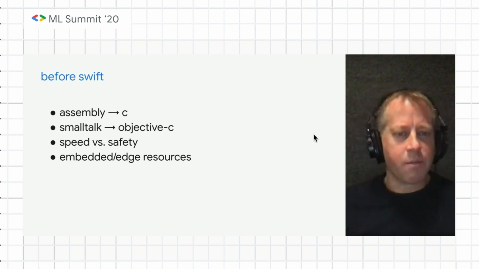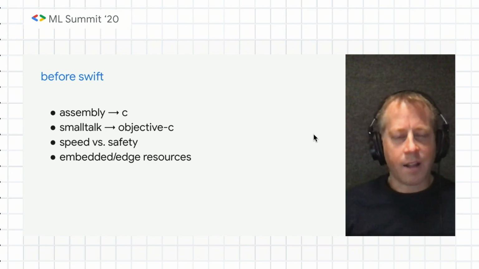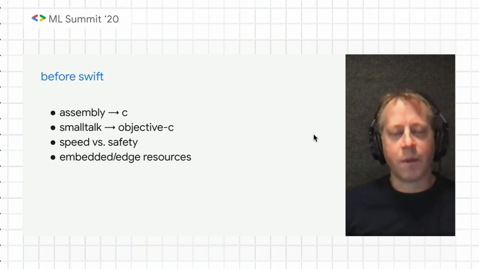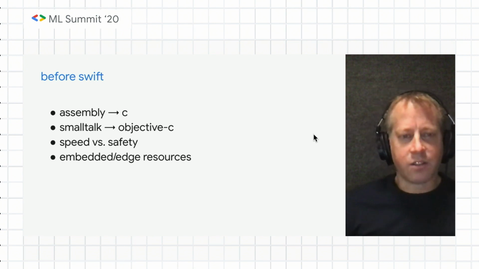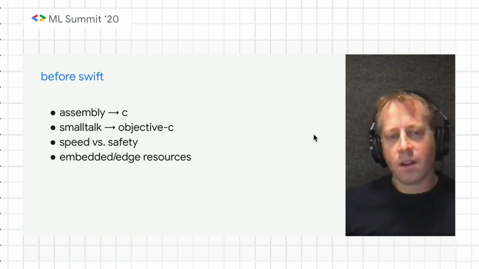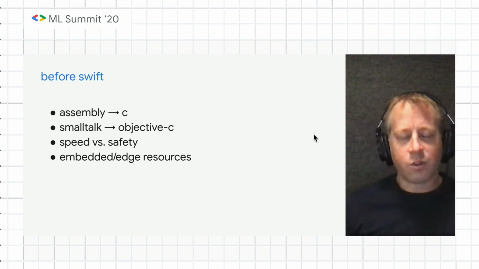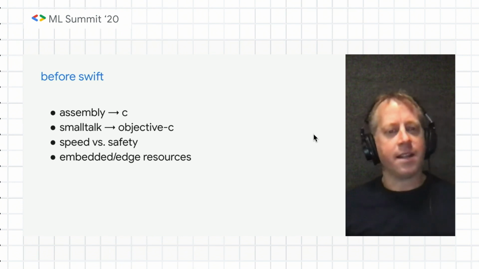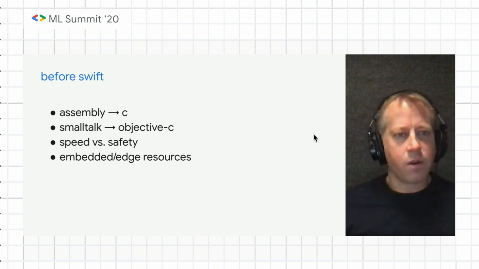A common theme whenever we look at this history of programming languages is this idea of speed versus safety. We have languages that can go basically as fast as possible, but they have sharp edges. Things can break, programs can crash, and all sorts of interesting states can be achieved. We can try to add safety checks and layers of abstraction in order to make it easier to build and reason about our code.